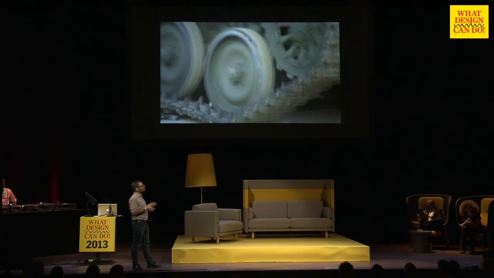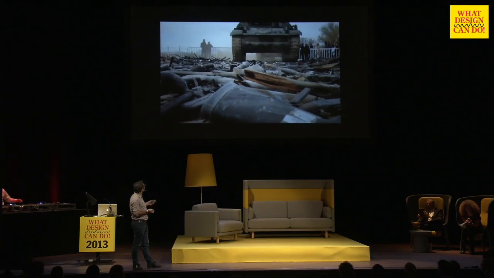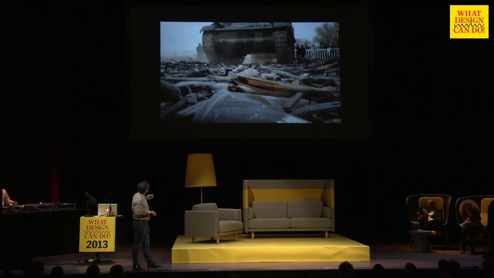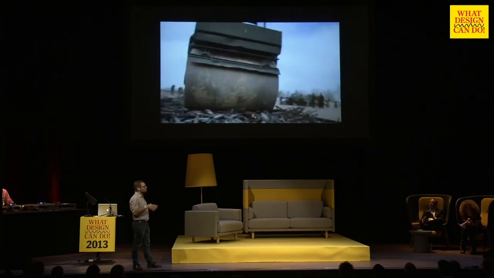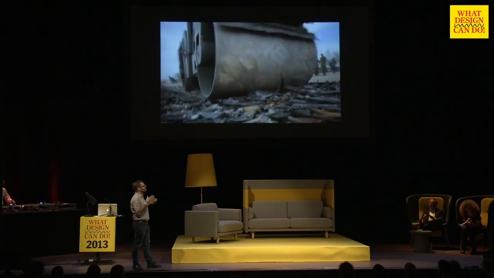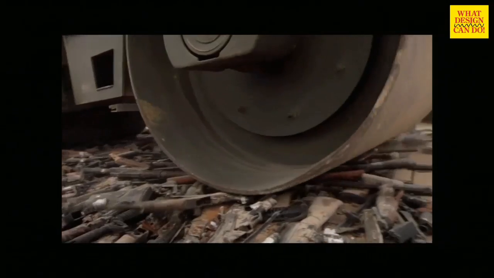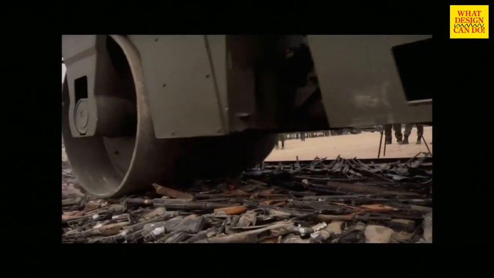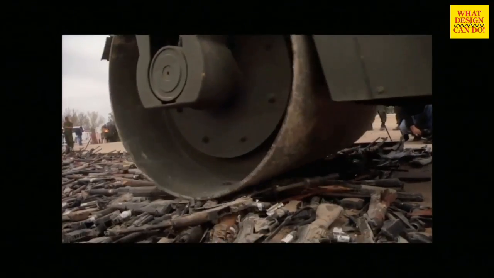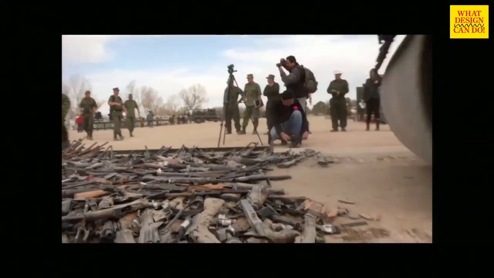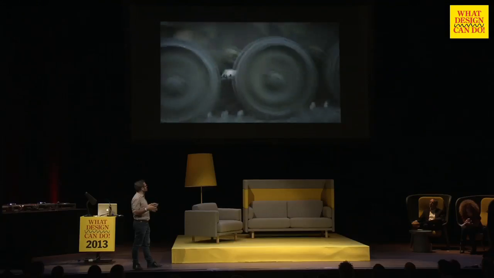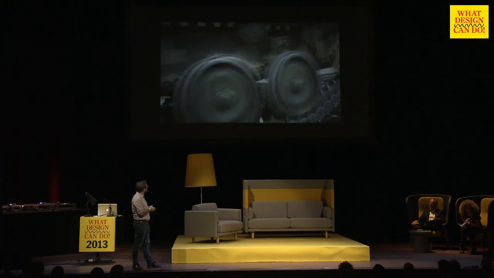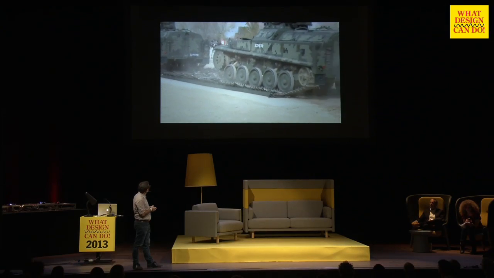But this time they were 6,700 weapons that you can see here. All these weapons enter Mexican territory from the United States, because it's so easy to buy a weapon in the United States that they are all the time crossing the border, and the army has to constantly find ways to destroy these weapons that are entering our territory.